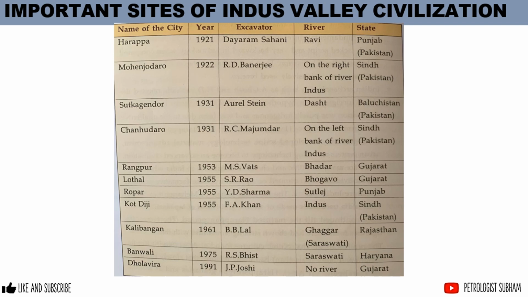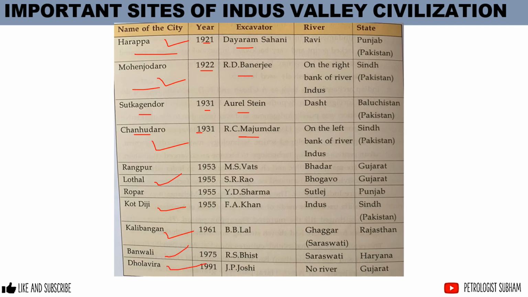Now, when we talk about the important sites of the Indus Valley Civilization, in this chart you can see them in a very concise manner: the name of the city, the year in which it was excavated, and by whom. I am taking the important ones: Harappa, Mohenjo-daro, Chanhudaro, Lothal, Kot Diji, Kalibangan, Banawali, and Dholavira.